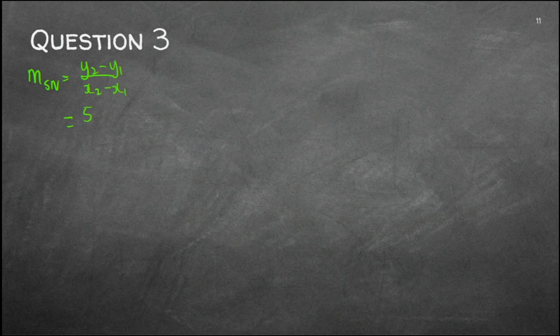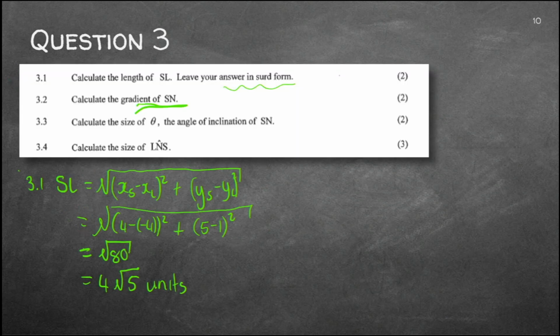Careful for the signs. It's 5 minus 3 over 4 minus 2. Quickly get an answer and you will get 8 over 6, which would be 4 over 3. And that's the answer.